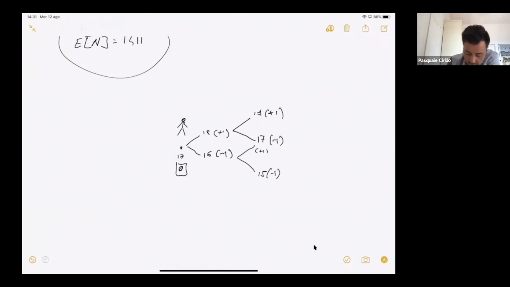And every time it does that, given the assumptions of the problem, this is 1/2, this is 1/2, this is 1/2. So all these probabilities from one step to the other are 1/2, okay? Because it's a symmetric random walk.